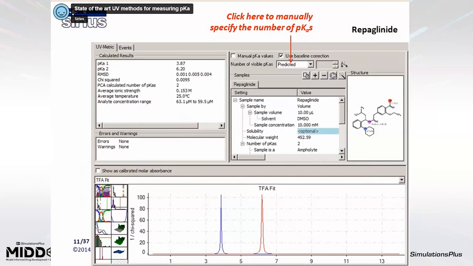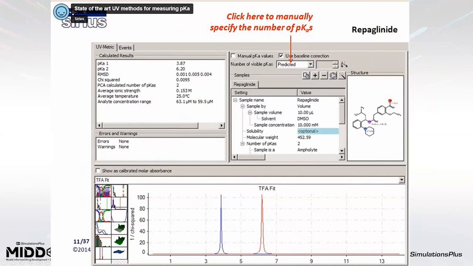Okay, that's the range of the fast mode of measuring pKas with this instrument. So this parameter is usually predicted by the instrumentation software, but it also leaves the user an option to specify it manually.